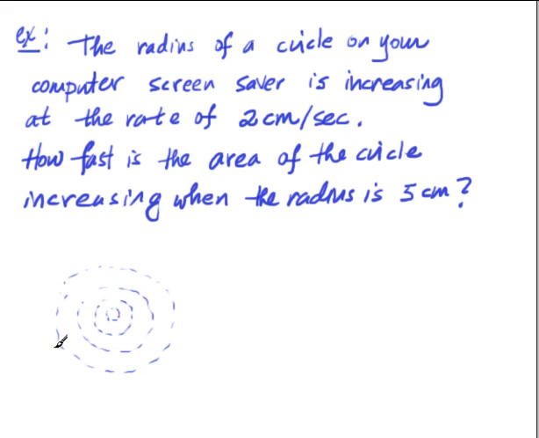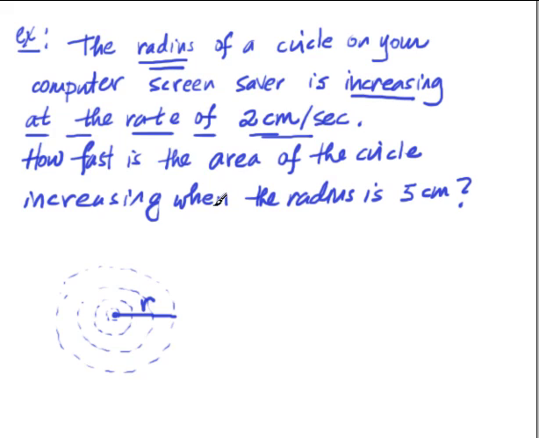The radius of this circle, here's the radius, r, is increasing at the rate of 2 centimeters per second. That's important.